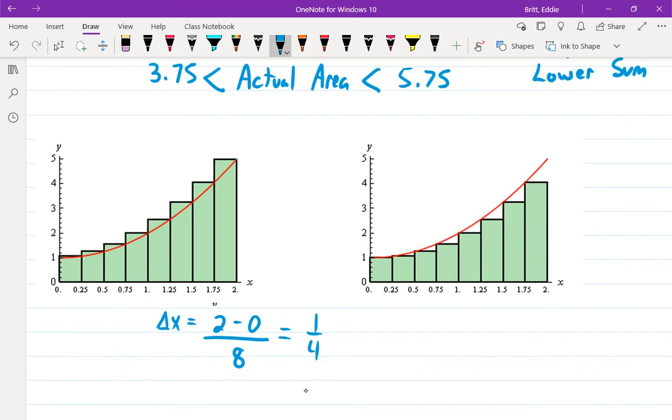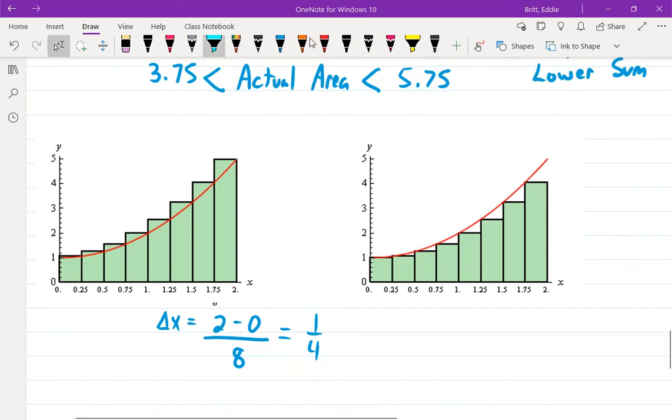The only other thing that's going to change is that we're going to have to figure out 8 heights, because we have 8 rectangles, and so all the heights of the ones we had before are going to be the same, but the height of 1.75, the height of 1.25, those will all be new. And I'll show you.